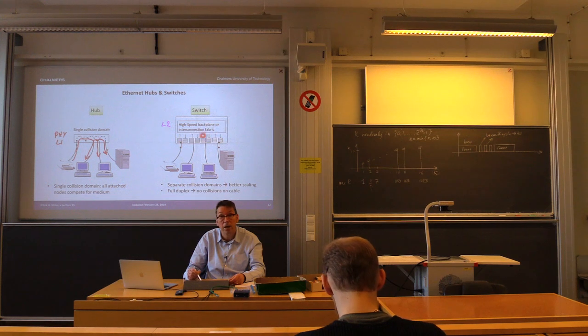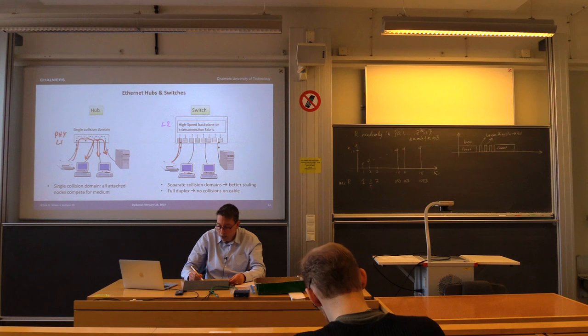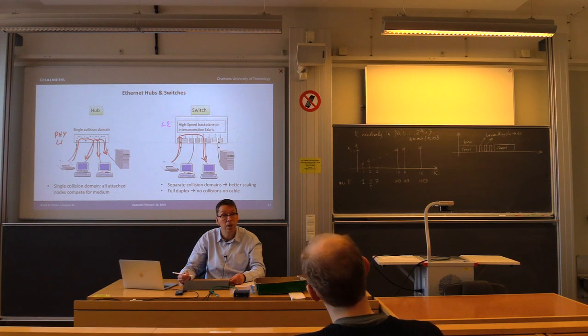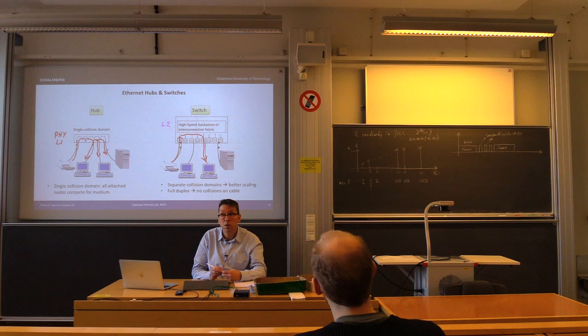It's buffered in here, and then a packet that goes in here is inspected for its destination address, and then it goes out on the LAN where the destination is. So it doesn't go out on the other branches here, as opposed to the hub. Okay, so which one do you think is the best?